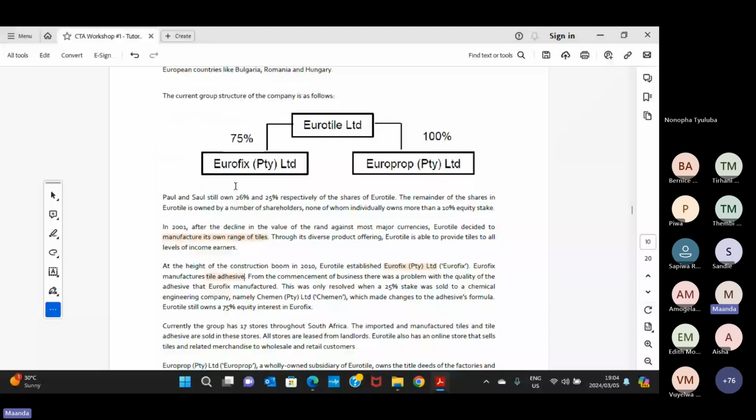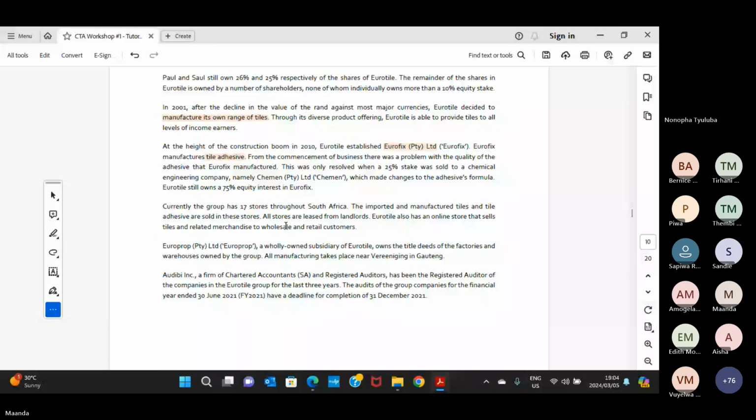Eurofix is a subsidiary of Eurotile. From the commencement of business, there was a problem with the quality. So if they speak about the quality of what is manufactured and they don't fix this, I see it as a business risk, because if we are not producing quality, we run a risk of losing customers.